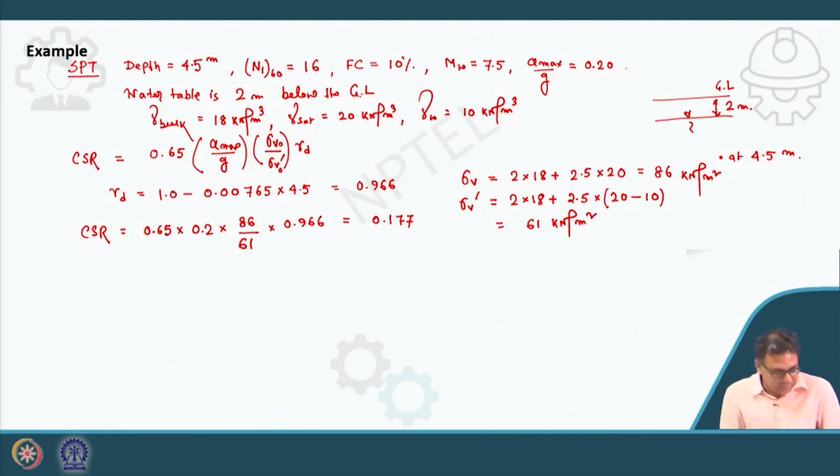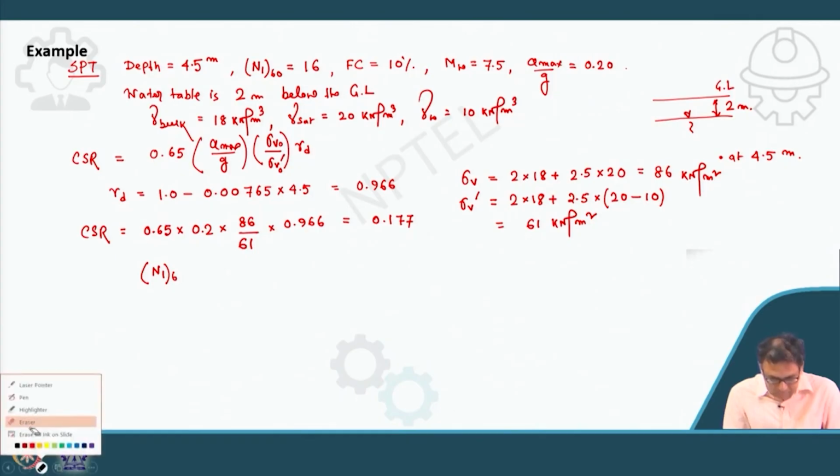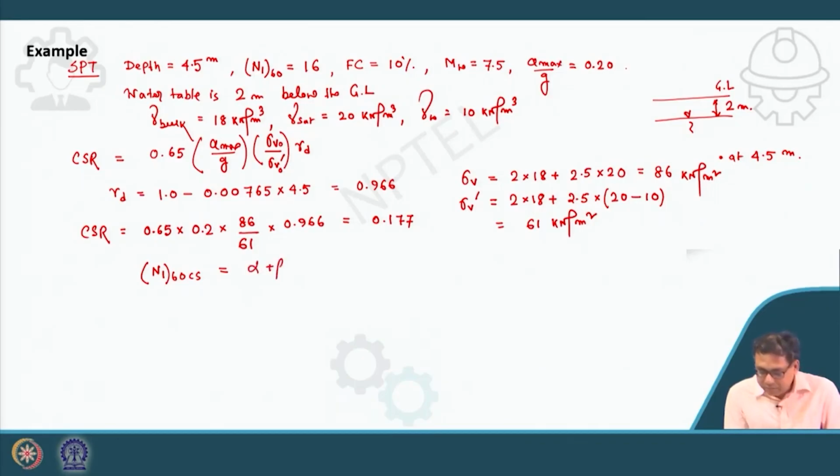So I will do the conversion: N160 clean sand is equal to alpha plus beta into N160. Now it is in between 5 to 35%.